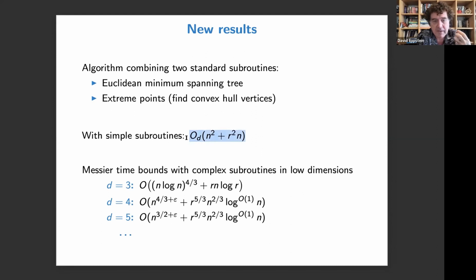So in any fixed dimension, it turns out there are known algorithms for finding the extreme points in a simple and implementable way based on low dimensional linear programming, which is also pretty simple. And then the Euclidean minimum spanning tree is even simpler if all you want is an n squared time bound. So we want to be able to find all the relevant points, and we're going to use these 2 ideas as subroutines.